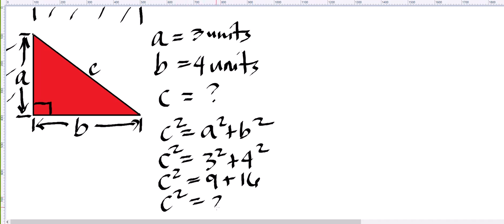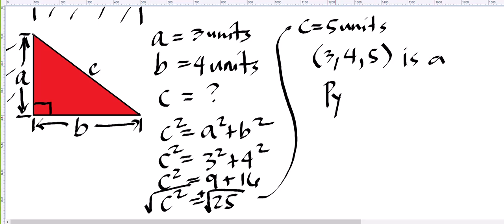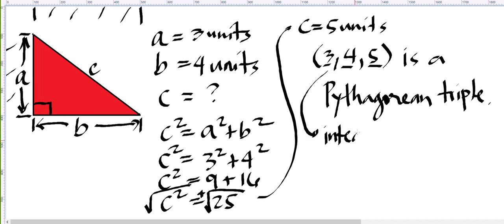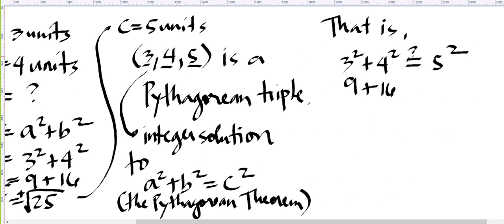C squared is equal to 9 plus 16, which is equal to 25. C then is equal to the positive square root of 25, which is 5 units. 3, 4, 5 then is an integer solution to A squared plus B squared equals C squared. Hence, 3, 4, 5 is a Pythagorean triple.